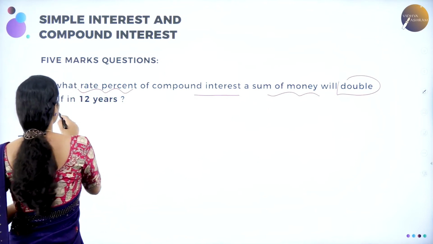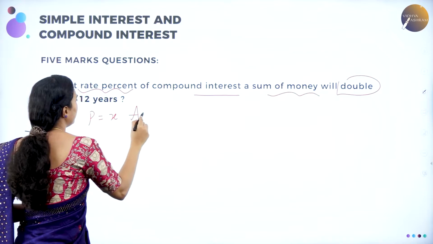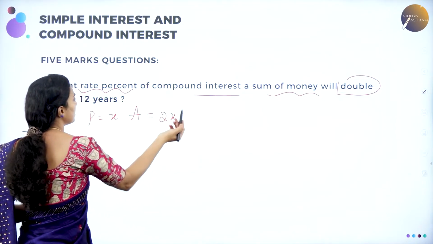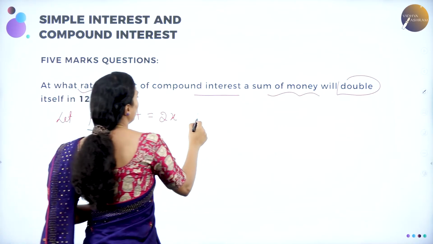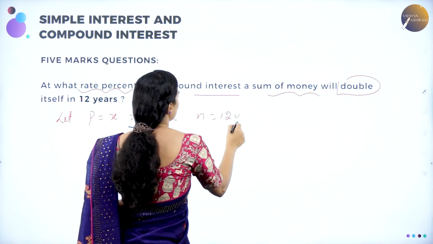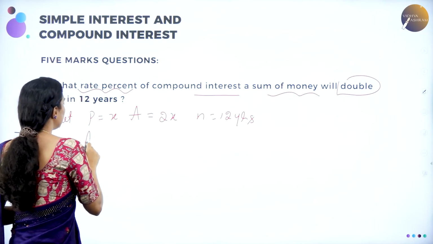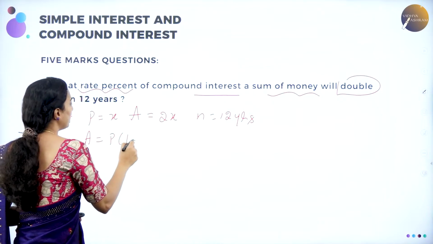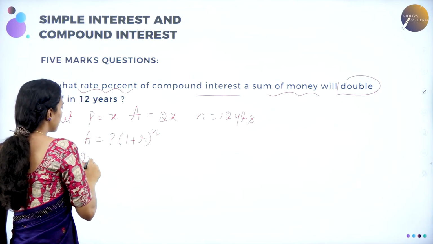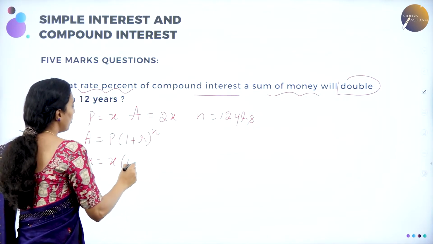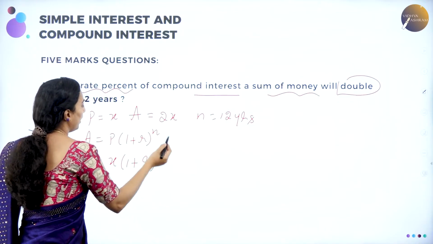Let P be equal to x and A will be equal to, it will double the money, which is nothing but 2x. Now they have given N equal to 12 years, isn't it? Let me calculate this using the formula A is equal to P into 1 plus R whole to the power of N. A is 2x is equal to x into 1 plus R, which we don't know, to the power of 12.